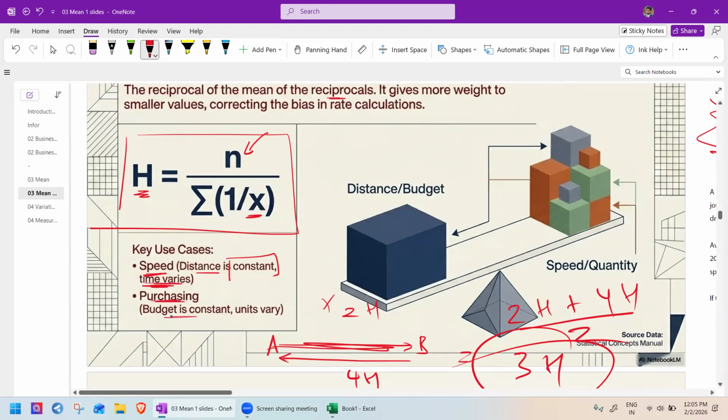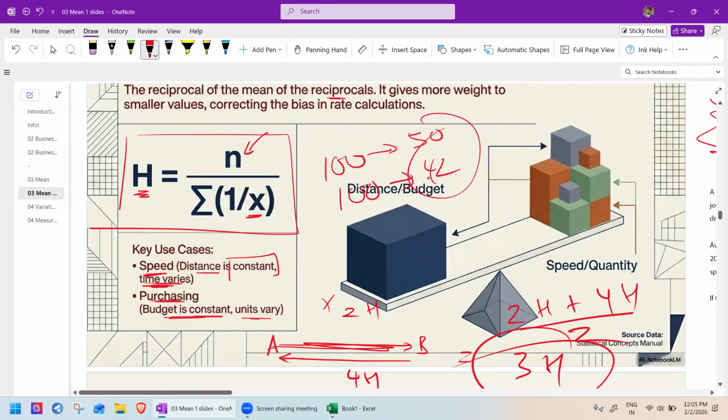Similarly, the purchasing budget is constant, but the units vary. For example, the first time you spend 100 rupees to buy 50 items. Now for the same 100 rupees, you purchase 42 items.